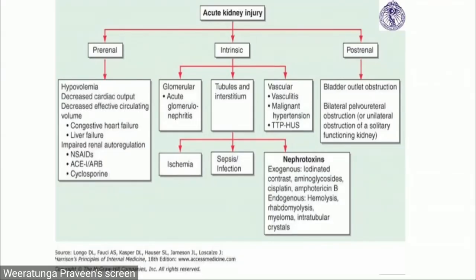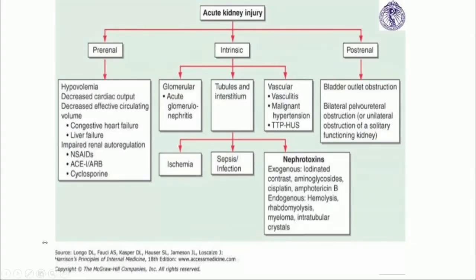And of these three, the pre-renal causes are the commonest cause of acute kidney injury worldwide. So on an epidemiological basis, if you look at all the causes of acute kidney injury, pre-renal causes are the ones that predominate, right? And pre-renal AKI, most of the time, is altered renal perfusion. Right, altered renal perfusion to the kidneys, right? Reduced renal perfusion to the kidneys.